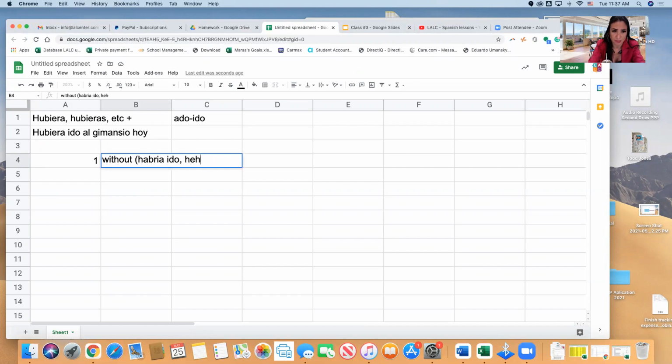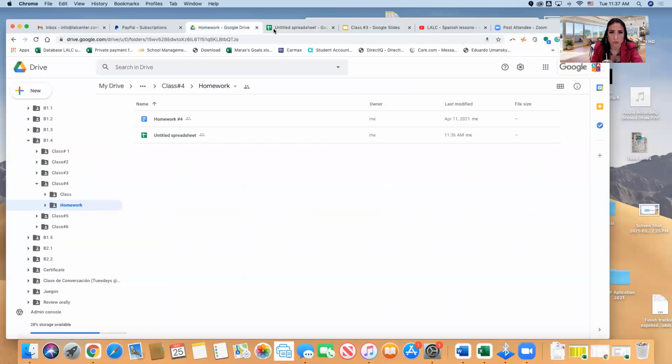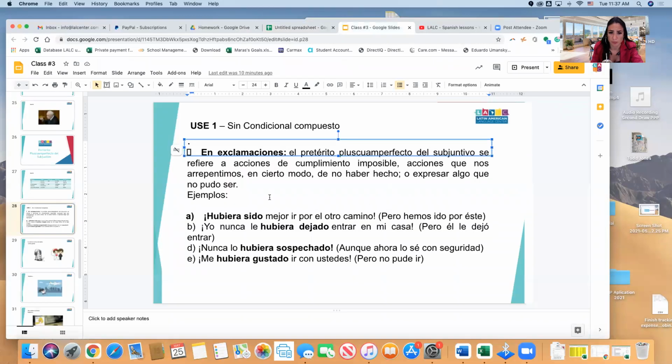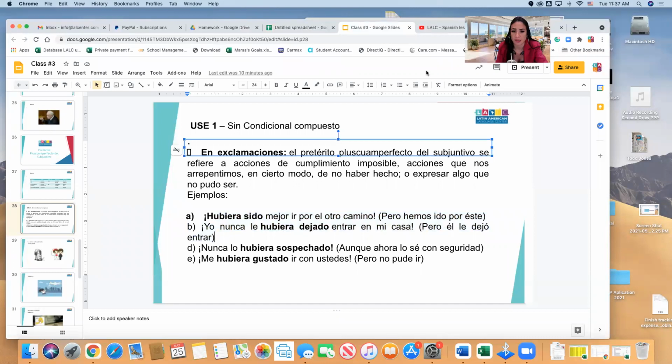That is the compound conditional; here it's without the conditional. You use it in expressions that in English would mean, I would have gone to the theater, or I should have worked out today. I should have worked out this morning, but I didn't because I woke up late. So that's an expression where you use this one: hubiera ido al gimnasio.